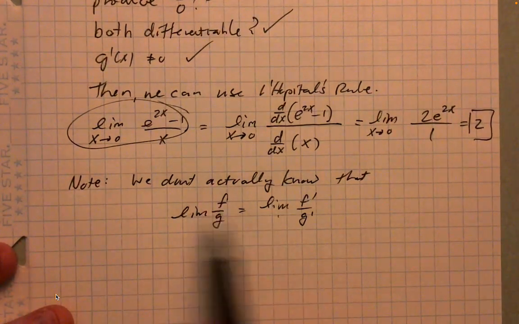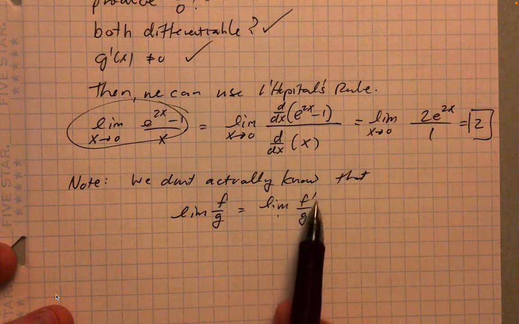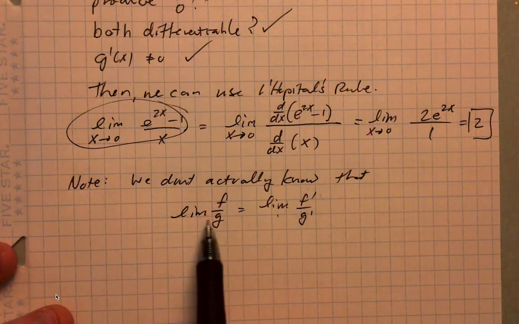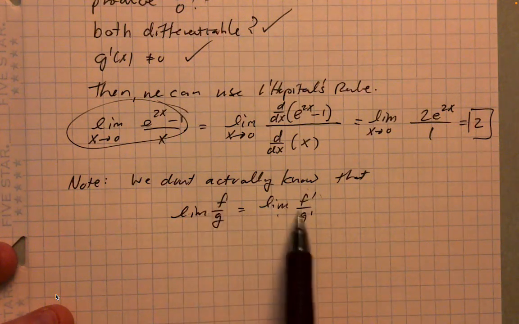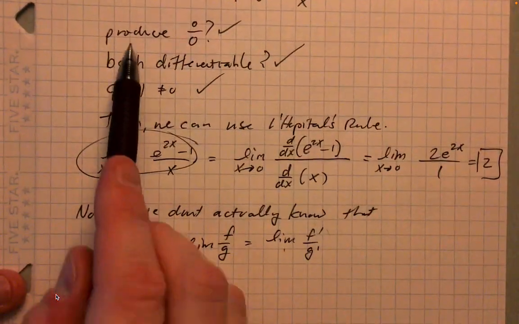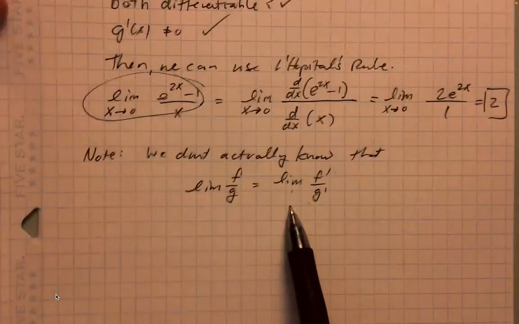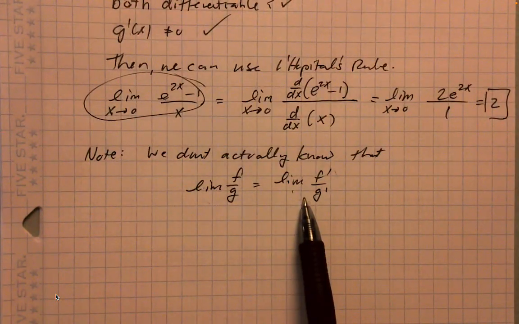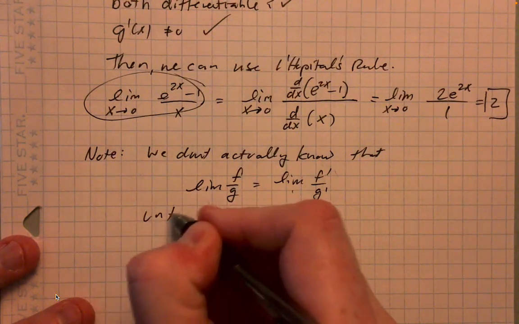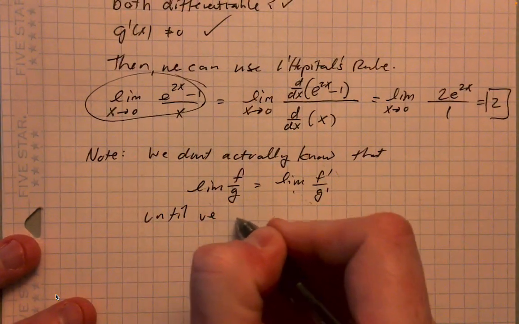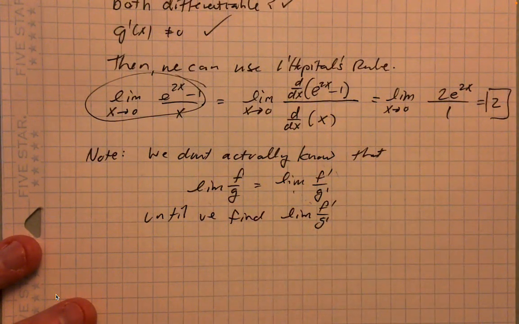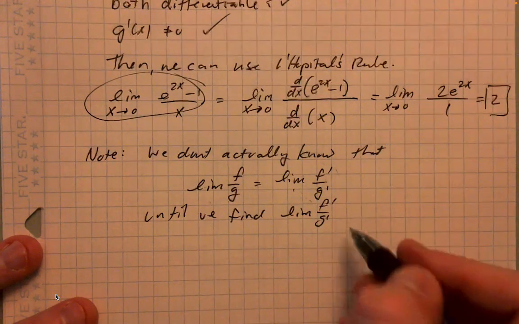We don't know that they're equal until we determine that this limit actually exists. If this limit doesn't exist, then they may not be equal. This limit may still exist if this one doesn't. But if these criteria are met and this limit exists, then these two are equal. So we don't actually know that this is true until we find the limit of f prime over g prime.